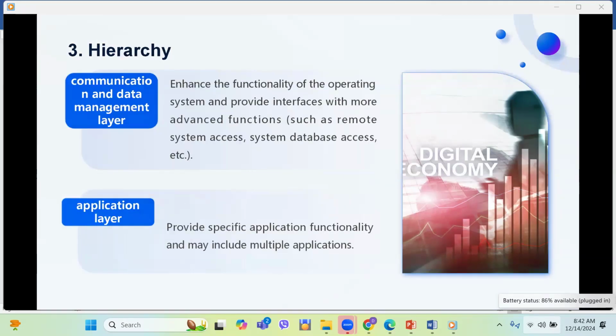The communication and data management layer enhances the functionality of the operating system and provides interfaces with more advanced functions such as remote system access, system database access, etc. The application layer provides specific application functionality and may include multiple applications.